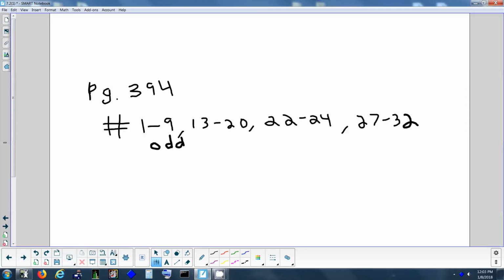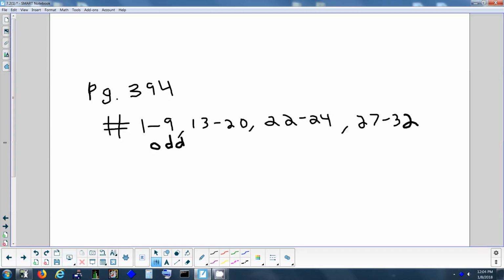All right, so homework, 1 through 9, it's odd. For 13 through 20, you need a calculator for every one of those.